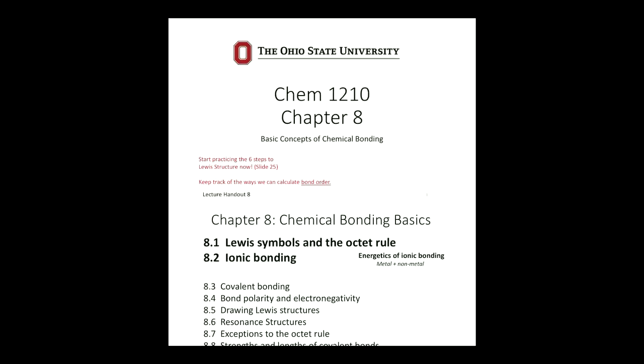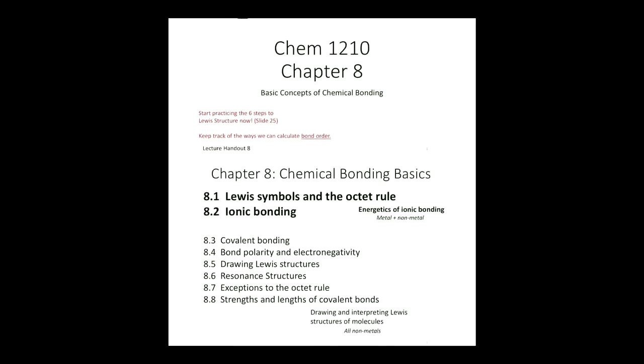And there's a couple kinds of bonds that we can describe. So in that last part of chapter 7, I described ionic bonding in a metal plus a nonmetal, and I talked about molecules forming covalent bonds between all nonmetals. That's what we'll be focusing on in chapters 8 and 9. Both of them are about bonding.